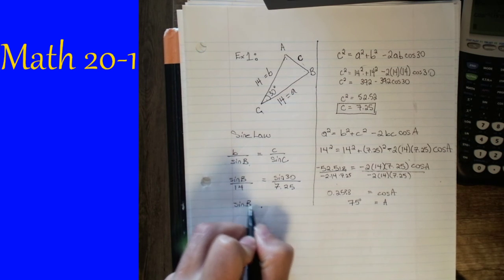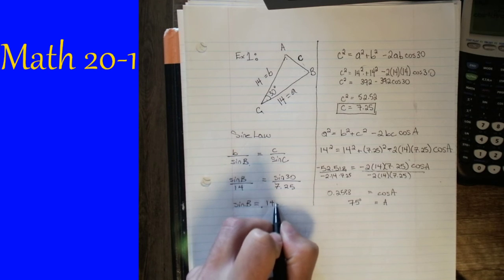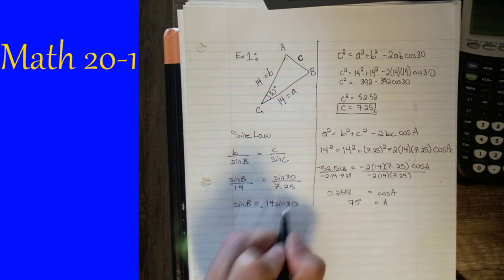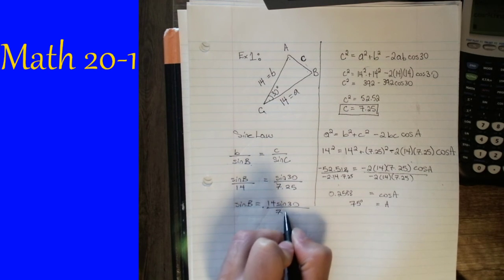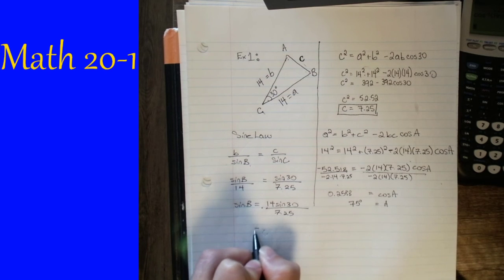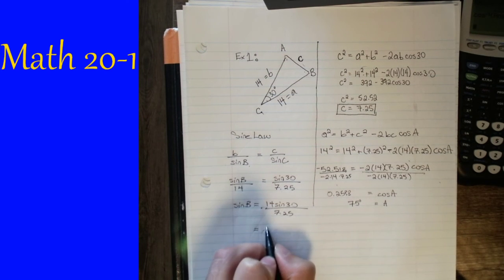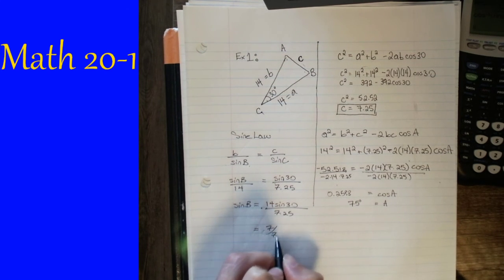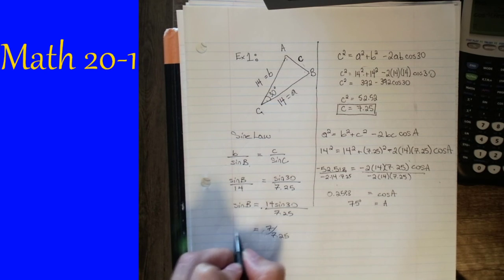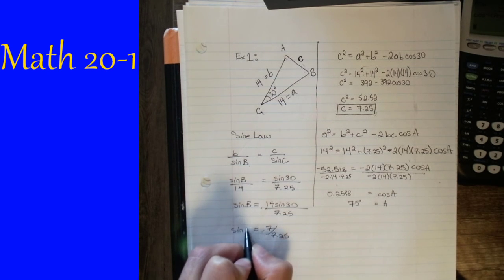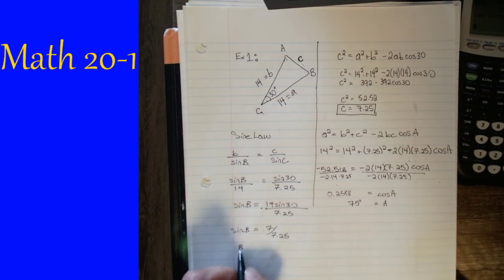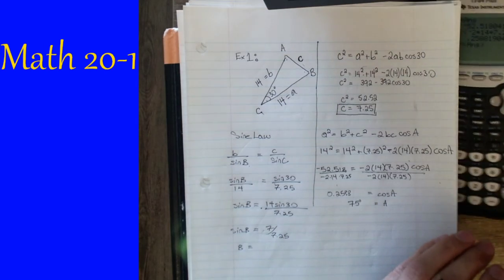So sine of B is equal to 14 sine 30 over 7.25-ish. So that's sine 30 is a half, so we have 7 over 7.25. That's our sine B, and so B is going to be the inverse sine of that.